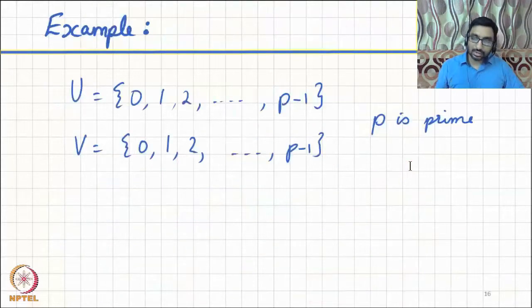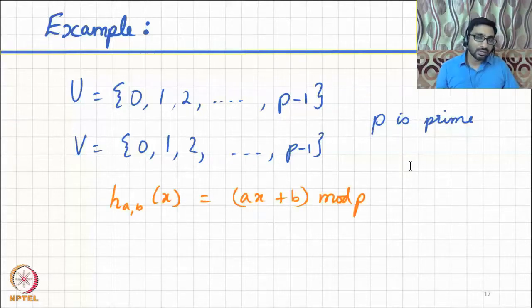But the nice thing is such a family can still be constructed quite easily, especially if all we require is a strongly two universal family of hash functions. So again, how do we do that? Well, the universe, let's say, is ranging from 0 to p minus 1. And here p is a prime number. And also let's assume that V ranges from 0 to p minus 1.